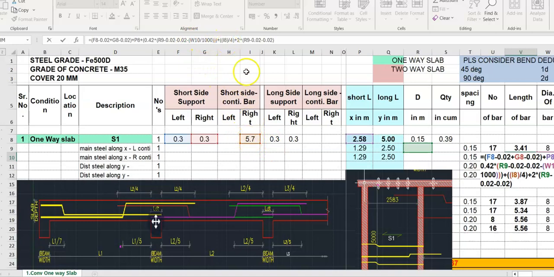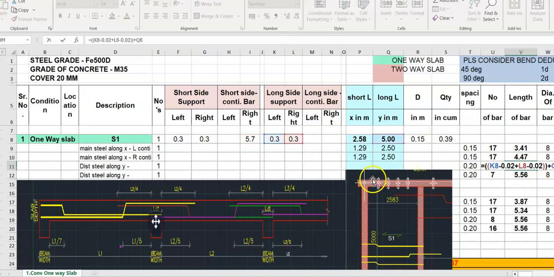Now this is length I. We drag this formula for the right side. This is divided by 4, because this bar continues in the next slab at L by 4. Plus same as above, end support. End conditions 2 into depth of slab minus both side cover.